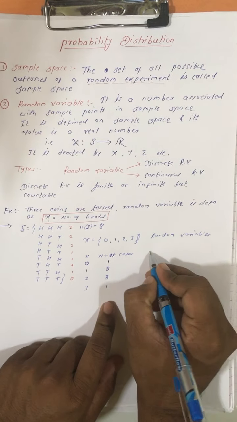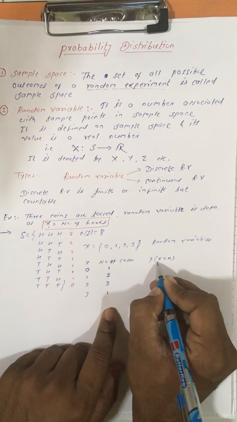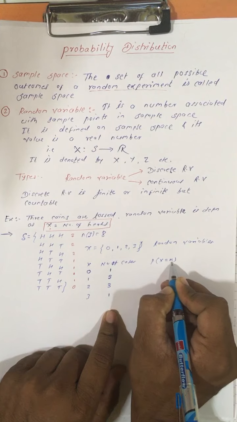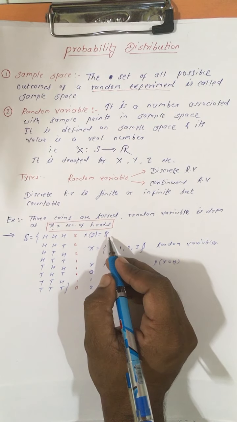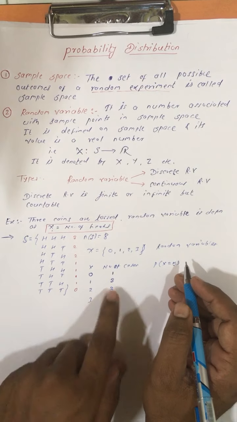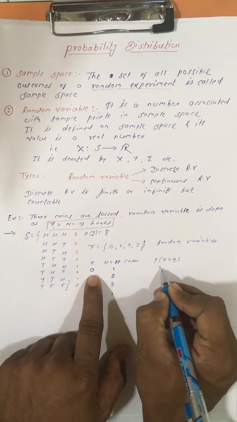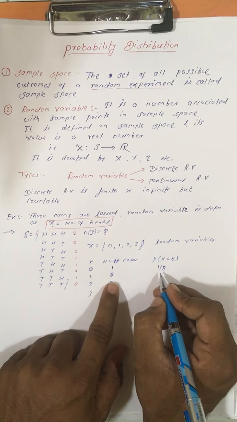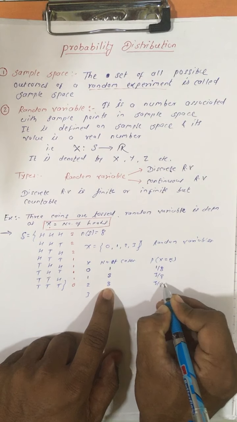From this number of cases, we find the probability, which is written as P of X is equal to x, where this X is a random variable. Now, we know that the total number of cases is 8, in which one case is such that there is no head. Therefore, its probability is 1 by 8. Here the probability is 3 by 8. Here the probability is 3 by 8.